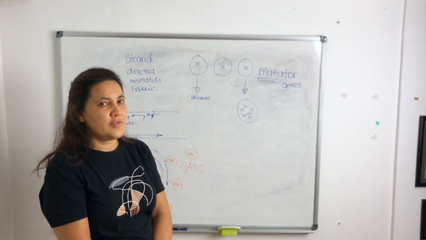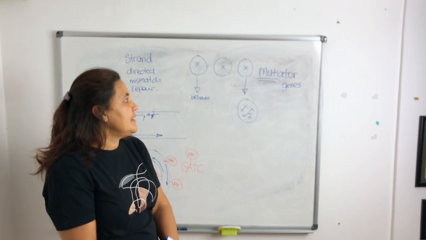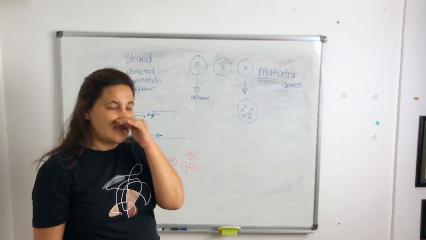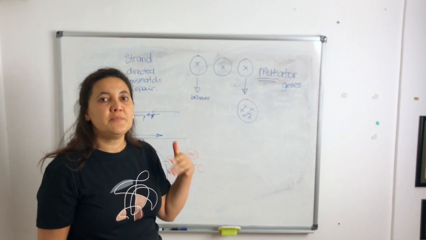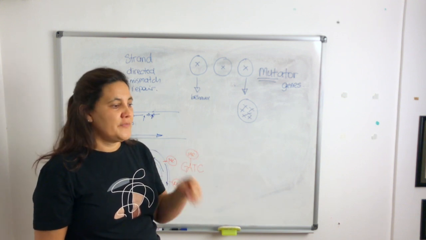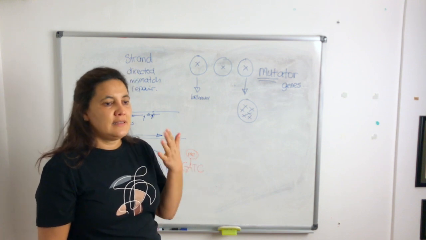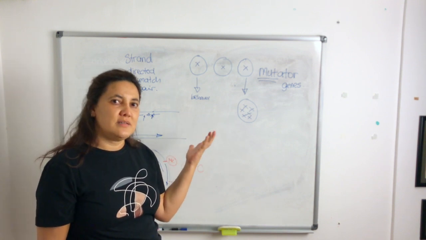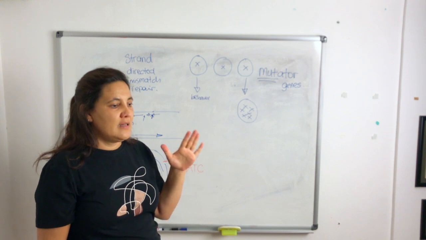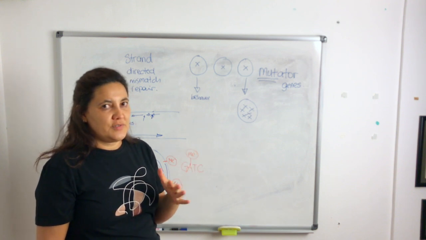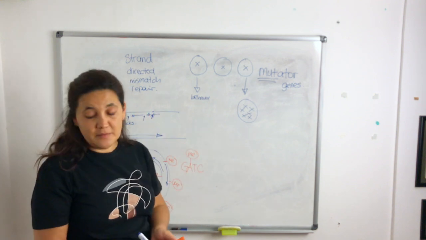So this is called a mutator. By definition, if you mutate one of the mut genes or mutator genes, then there will be lots of other mutations. So these genes are actually part of the repair system, and some of them are in other repair systems, but some of them work through the replication process, the strand-directed mismatch repair.